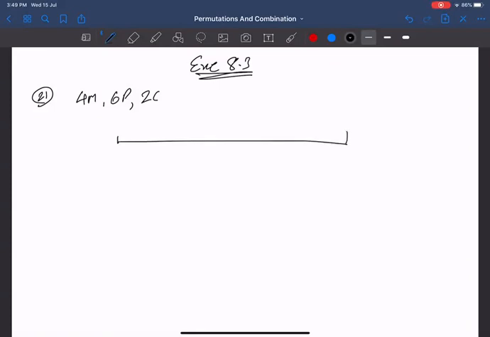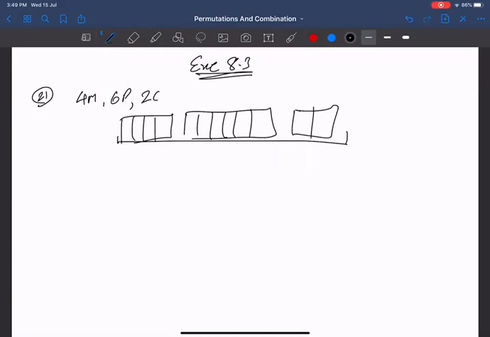Okay, so on this shelf I want it in such a way that 4 books of maths will be together, 6 books of physics will be together, and 2 books of chemistry are together. So first, consider books of mathematics as one person, physics as one person, chemistry as one person. Three groups can be arranged within themselves in 3 factorial ways.